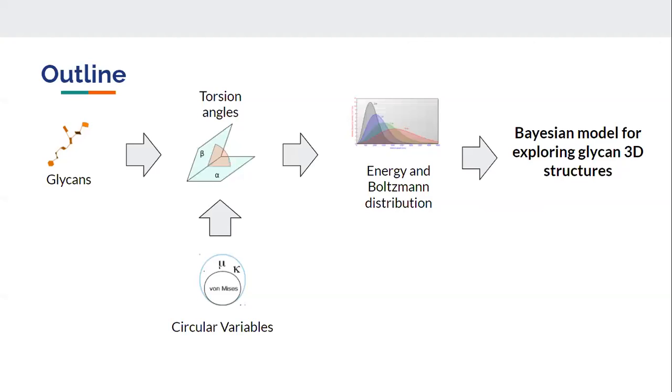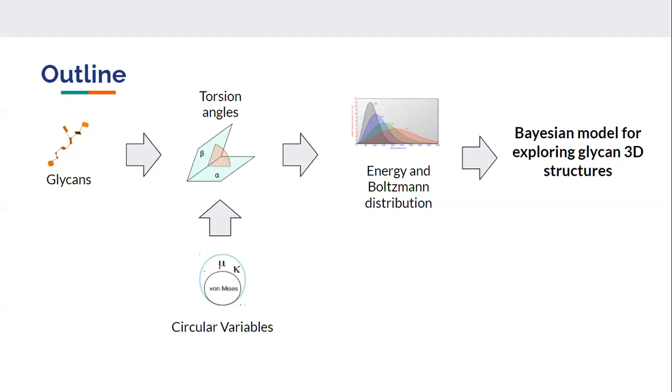So this is the outline of my talk. Probably the most interesting point for the audience of this talk is the Bayesian model for exploring Glycan 3D structures. But as this model incorporates a lot of domain knowledge about Glycan structures, I must introduce a few other concepts first.